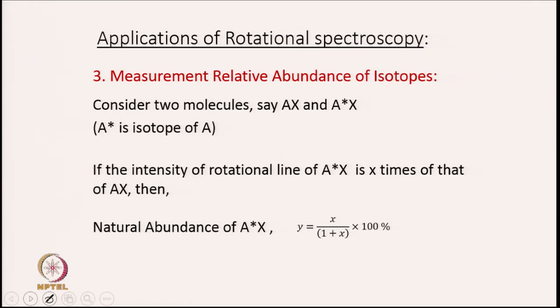So, suppose there are two molecules in a sample, AX and A star X, where A star is an isotope of A. If we see the spectra of this sample and find that the intensity of rotational lines of A star X is x times that of AX, then we can calculate the natural abundance of A star X, and that is given by this equation: y is equal to x divided by 1 plus x into 100%.